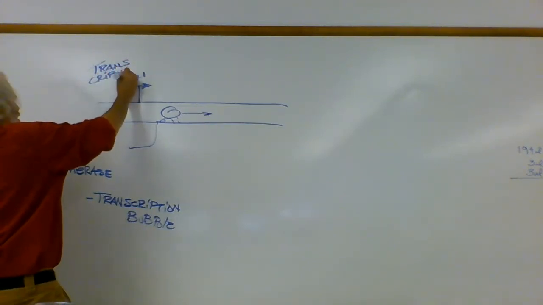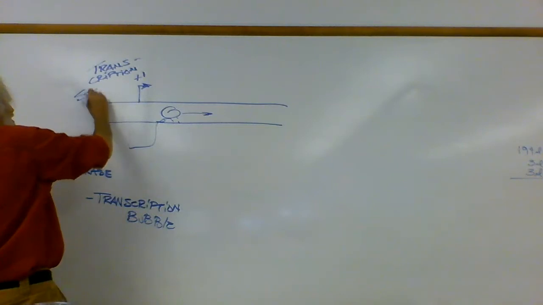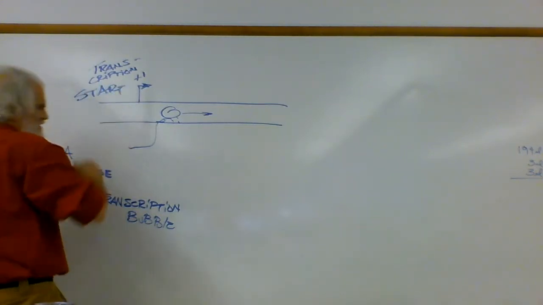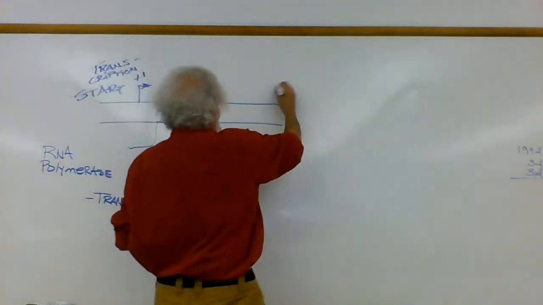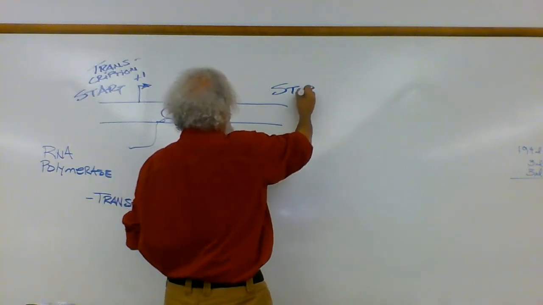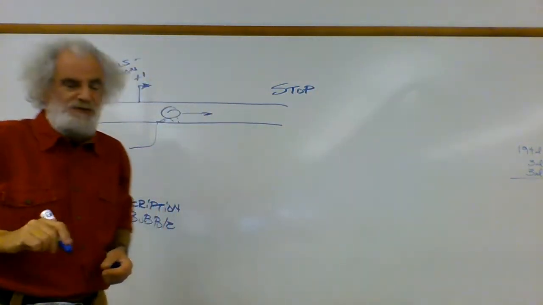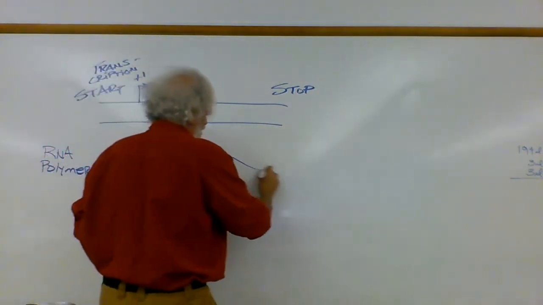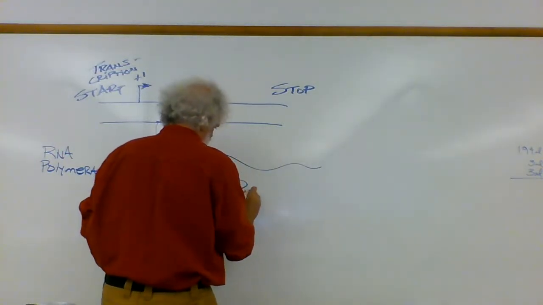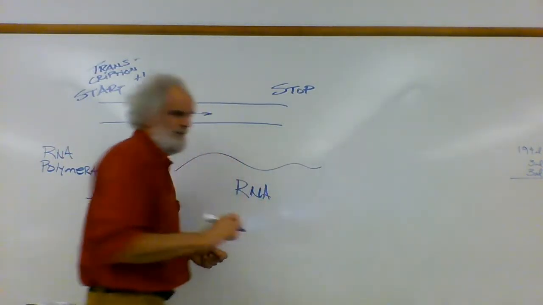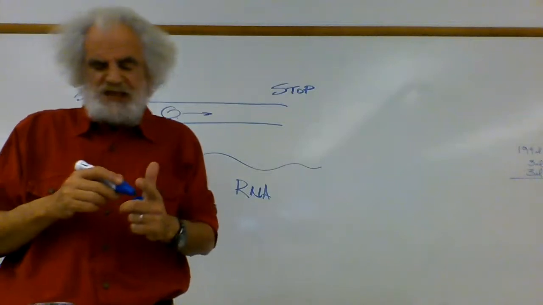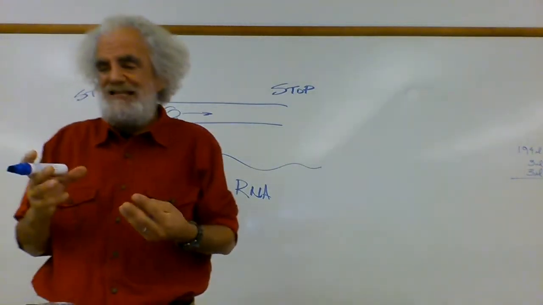That's one word. Transcription start. And then you'll have some kind of termination, a stop for the transcript, and you generate now an RNA. The next step is the RNA is going to be translated.